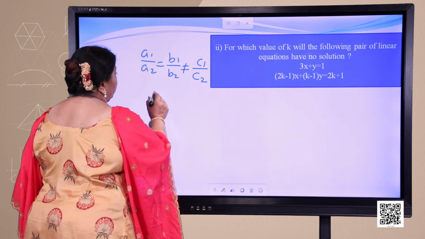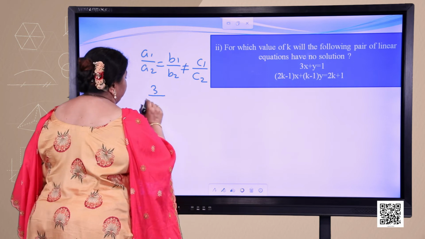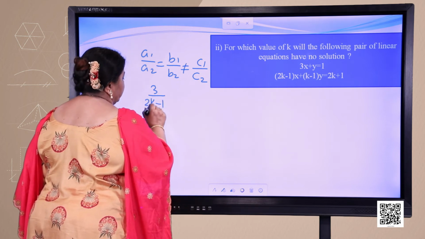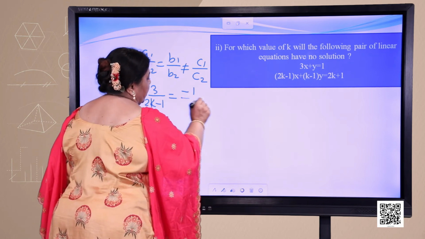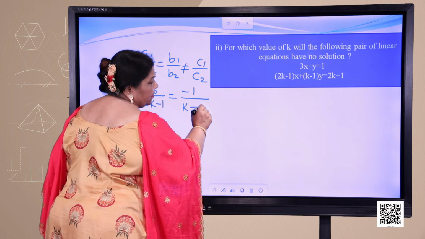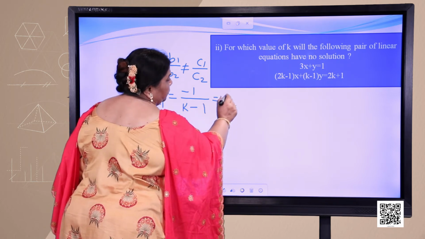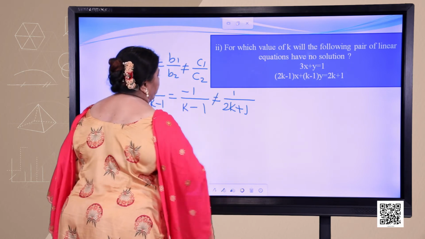We have coefficient of x as 3 and here 2k minus 1 is equal to minus 1 upon coefficient of y is k minus 1 is equal to 1 upon 2k plus 1. Okay.